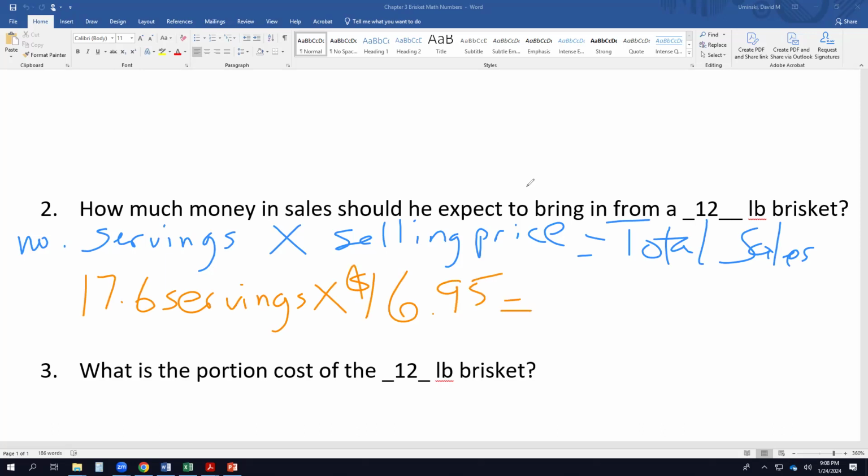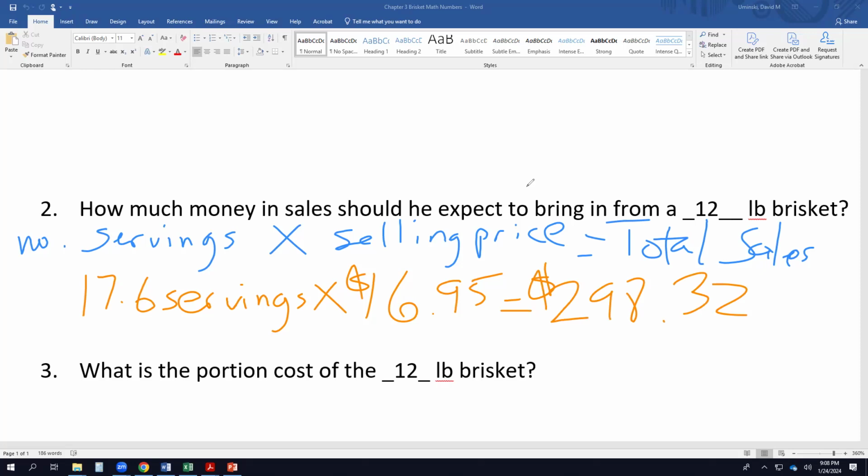So $16.95 times 17.6 is $298.32. That tells me I should bring in $298.32 for every brisket that I sell.